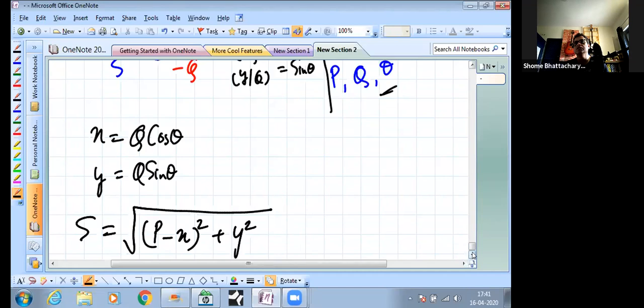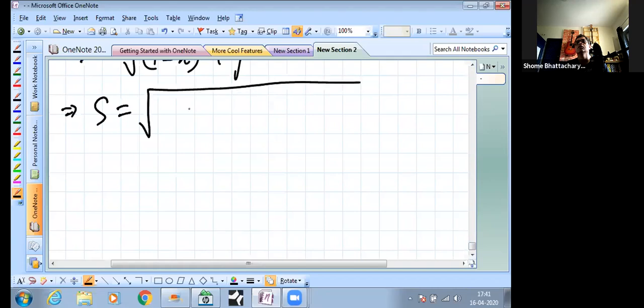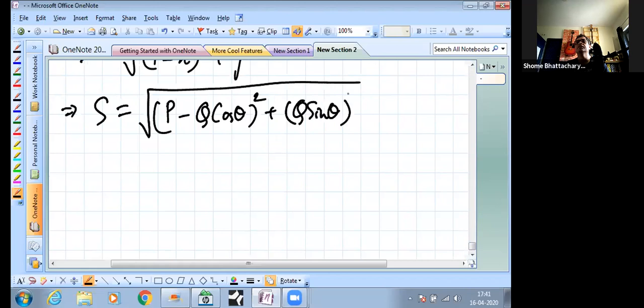Okay, so just do the substitution and tell me what you get. So substitute this here and follow these steps. So it's very similar to the triangle law derivation we had done earlier. Only difference is there the sign in between was plus and here the sign in between is minus.